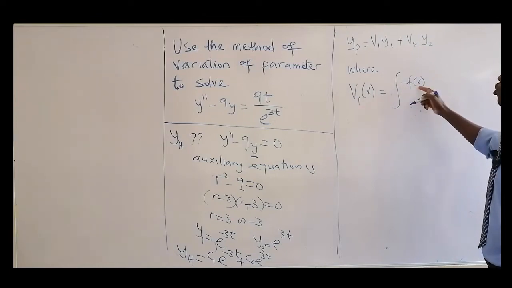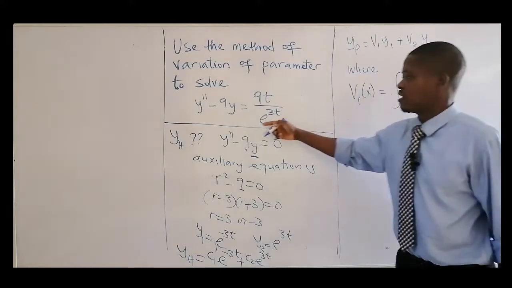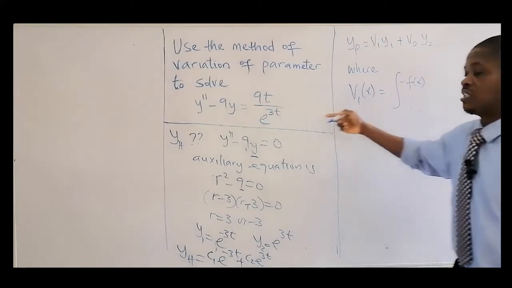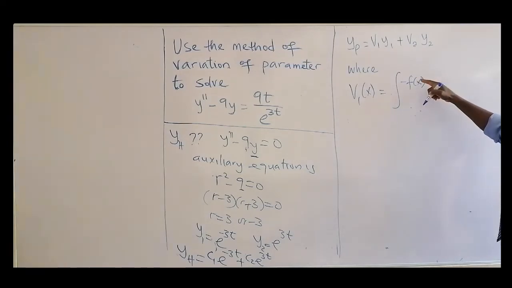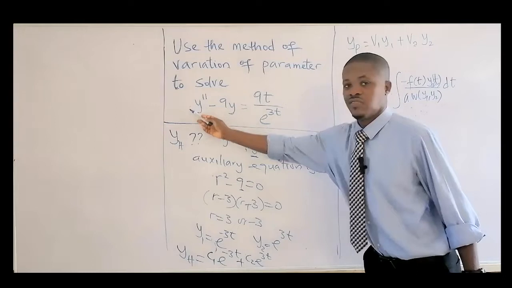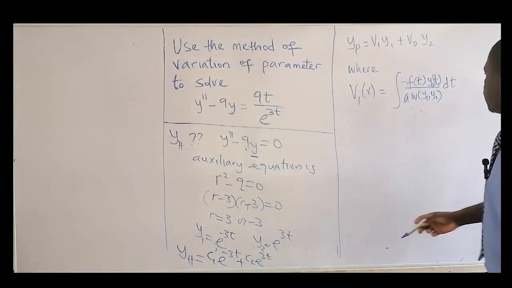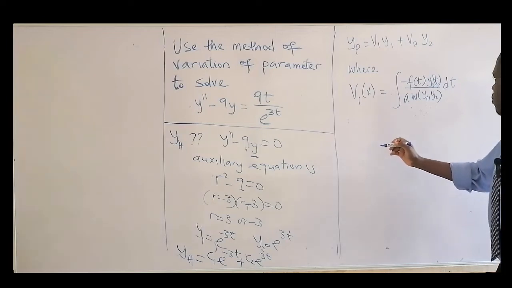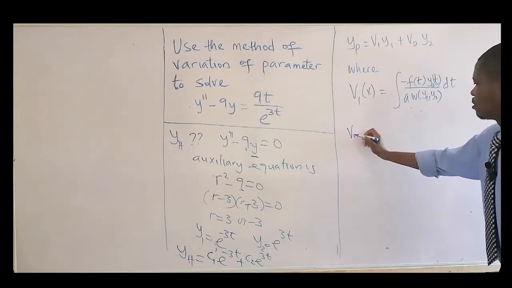But in this case it's not going to be f of x. The function here is a function of t, so that will be f of t, for the second order differential equation. A is 1. We need to get the Wronskian, but let's get v2 also.